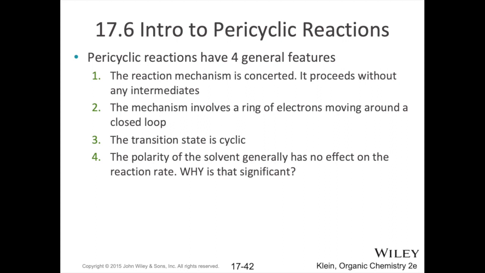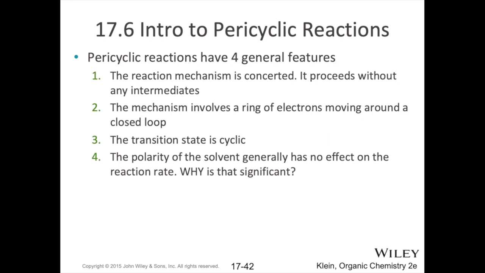So what does that tell us? Remember, when do we use a polar solvent? Think back to substitution reactions. Why did we want to use a polar solvent for an SN1 mechanism? Remember that an SN1 mechanism goes through a carbocation intermediate, and so having a polar solvent, you'd stabilize that carbocation.